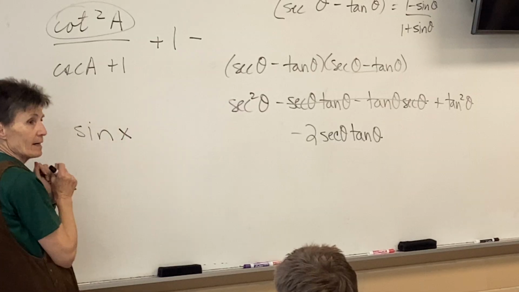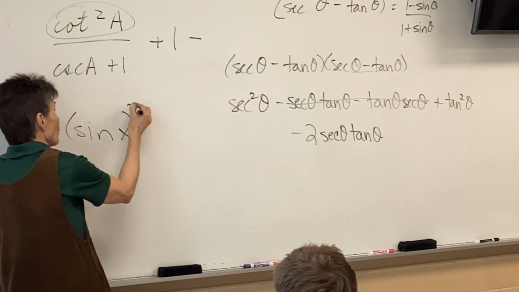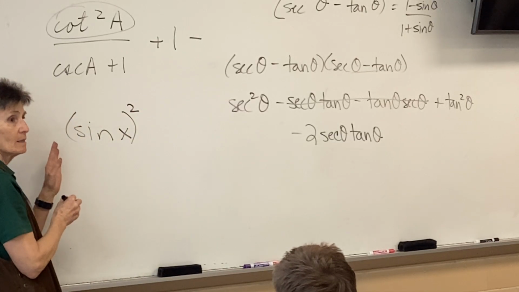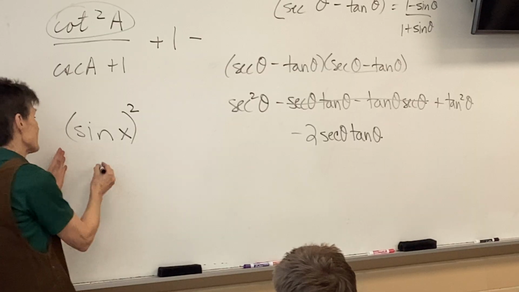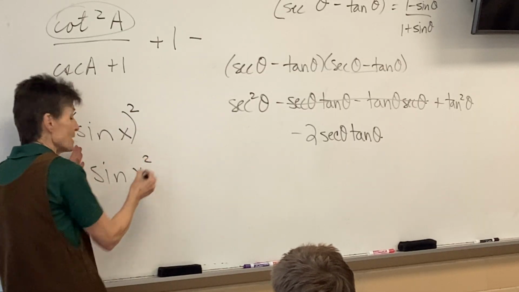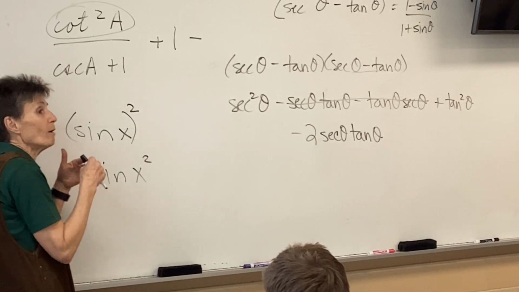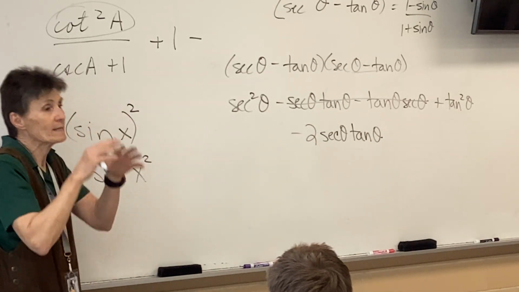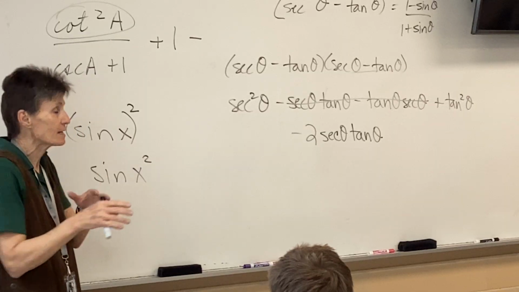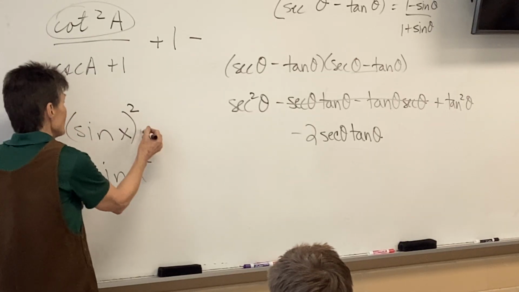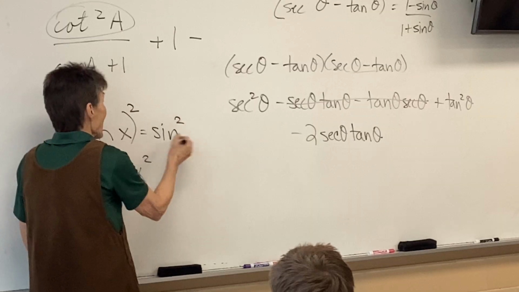There's sine x. If we want to square that, we would have to use parentheses, because you can't just do this. Does that make sense to you? So in order to avoid always having to put in those parentheses, if we are squaring a function, we put it right after the function.